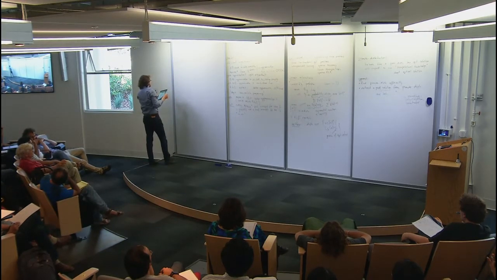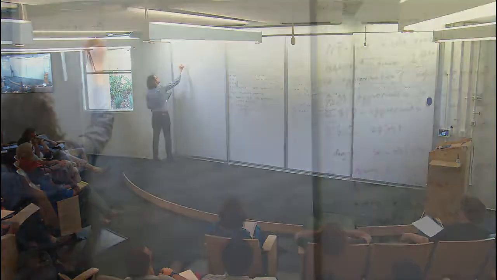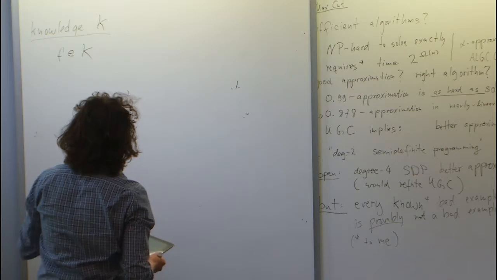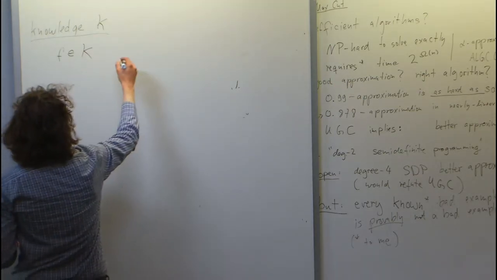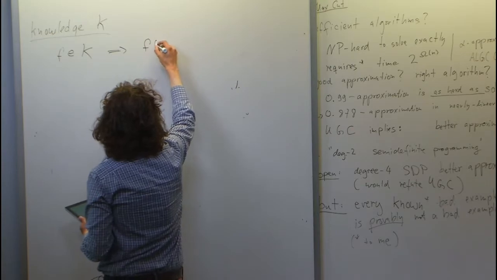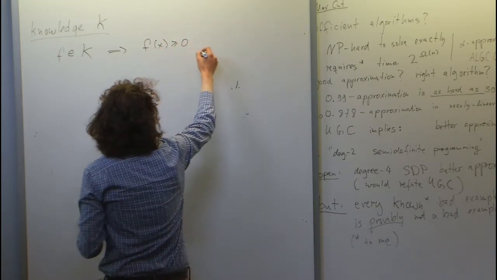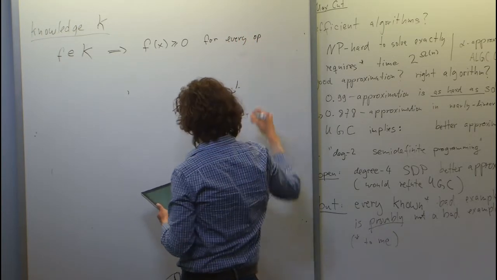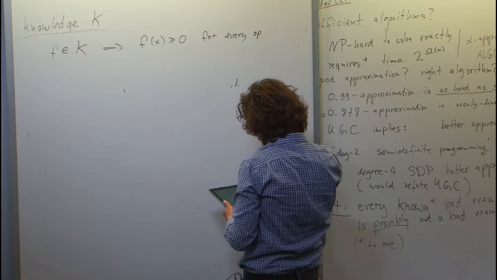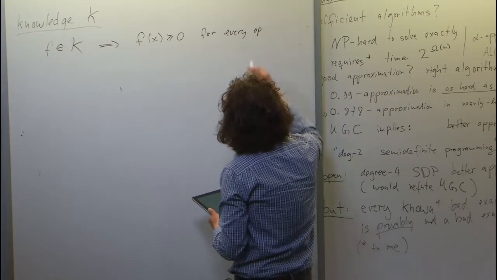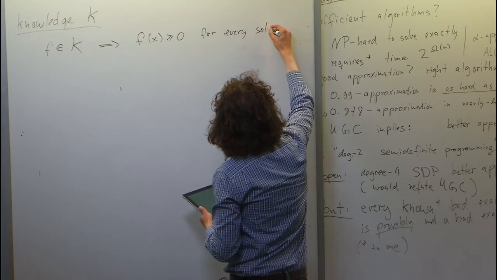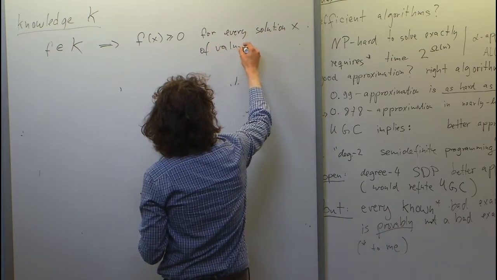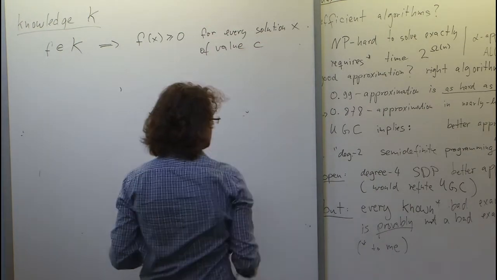It's just a set of functions with the property that if f is a function in the set, it implies that f of x is non-negative for every solution x of value c, where c was our guess for the optimal value.